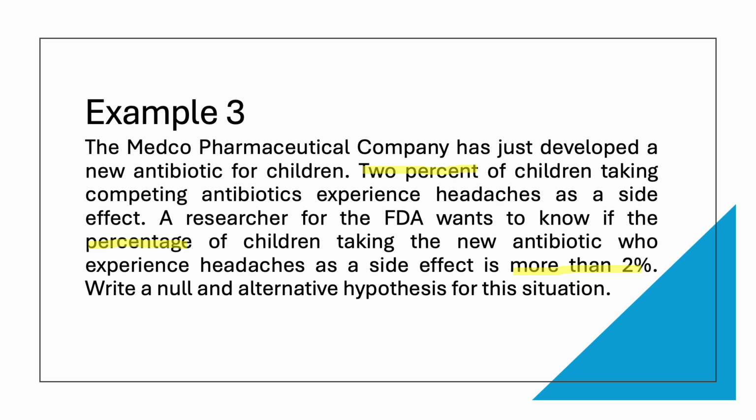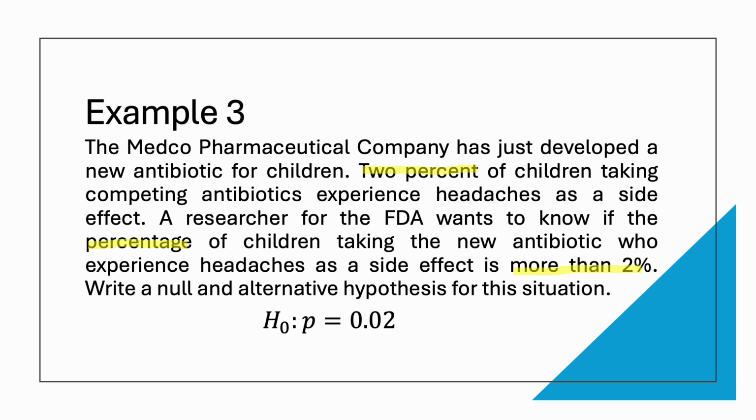So the word percentage is an indicator that I'm going to be testing the parameter P for proportions. 2% is what we are comparing it to, because that's the percentage experiencing headaches on the competitor. So they want to see if their antibiotic is more than that.